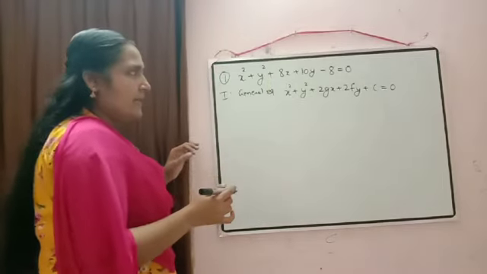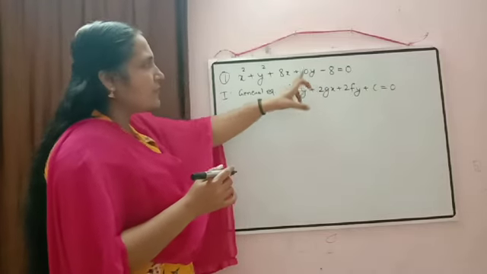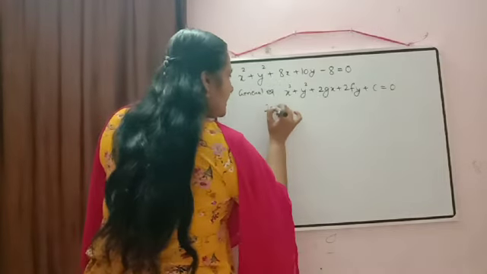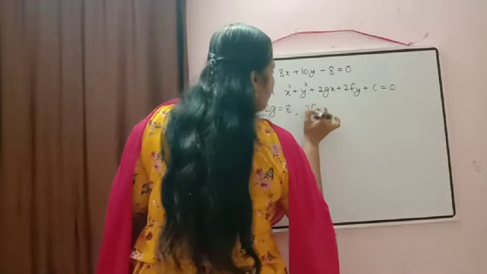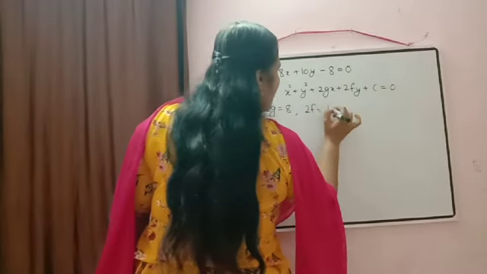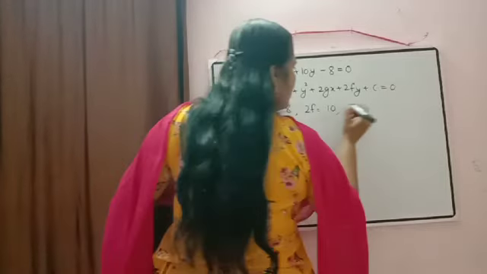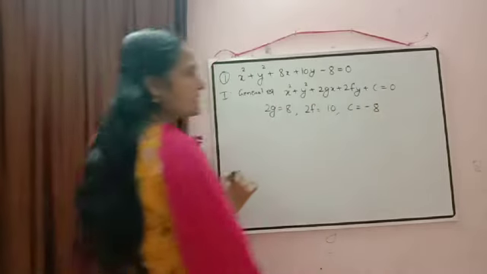Now here 2g is the coefficient of x. What is our coefficient of x in the question? 8. So 2g is equal to 8. Similarly, 2f is equal to 10, the coefficient of y. And c is equal to minus 8.